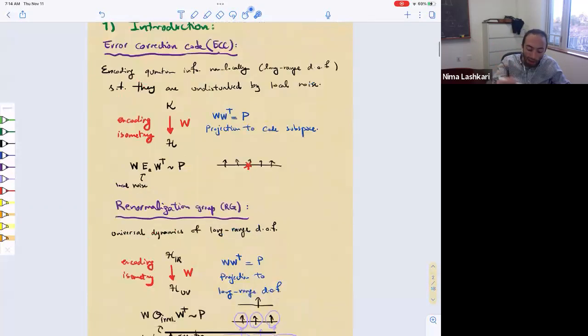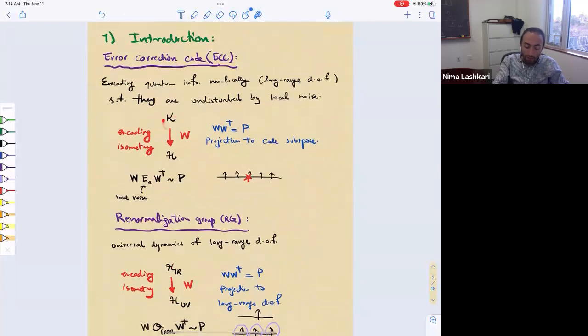So to have something like error correction, you encode a single qubit in many qubits, and you do this, of course, redundantly. This map is redundant, and this redundancy is essential to be able to correct, right? If this projection is the whole Hilbert space, nothing is going to satisfy this equation, right?